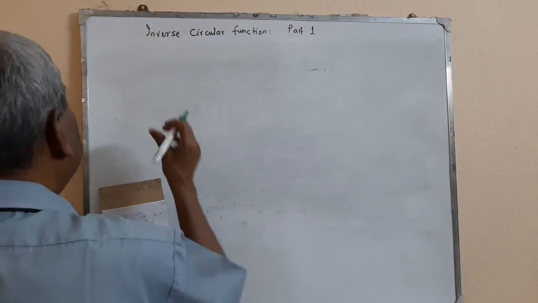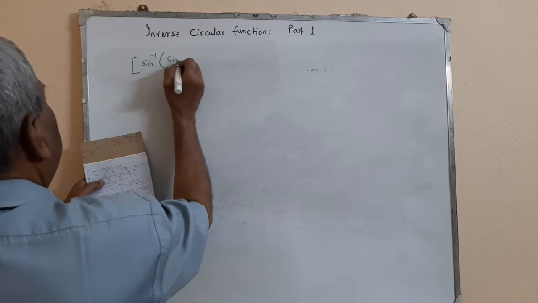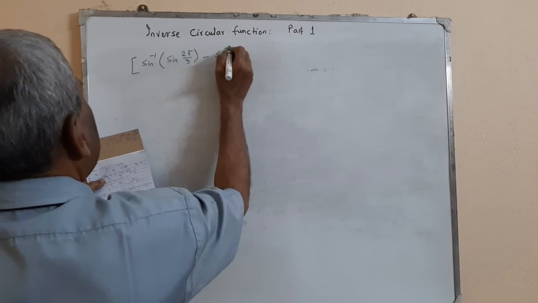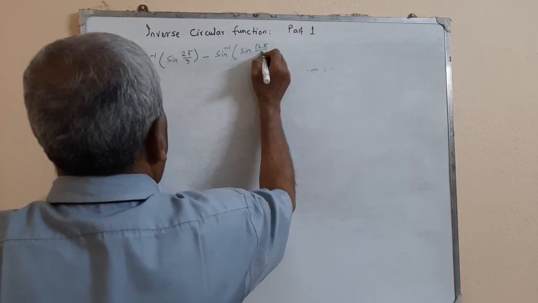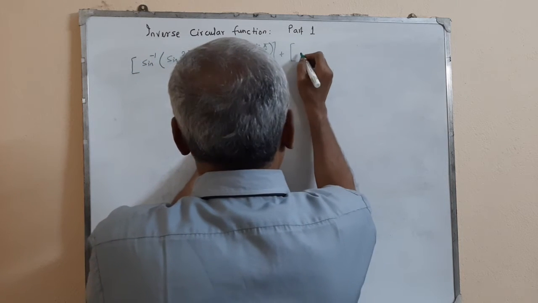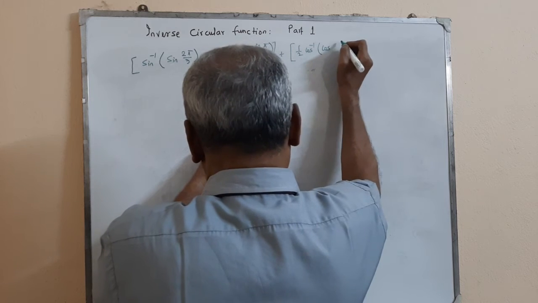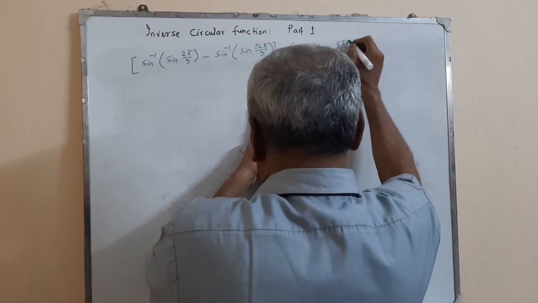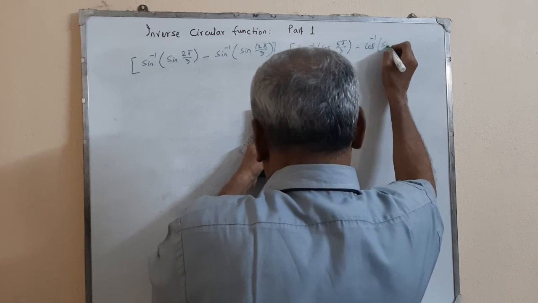The value of sine inverse sine 2 pi by 3 minus sine inverse sine 12 pi by 13, plus half cos inverse cos 5 pi by 3 minus cos inverse sine pi by 13.